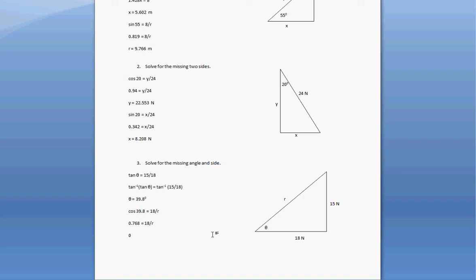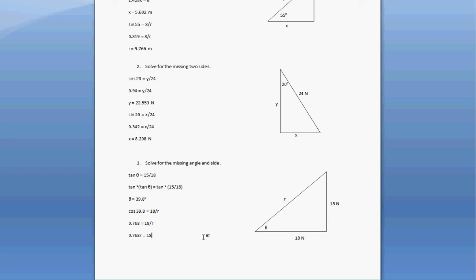Multiply both sides by r, 0.768r is equal to 18. And so 18 divided by this number will give us our answer. 18 divided by 0.768, not 0.0768. Whoops.